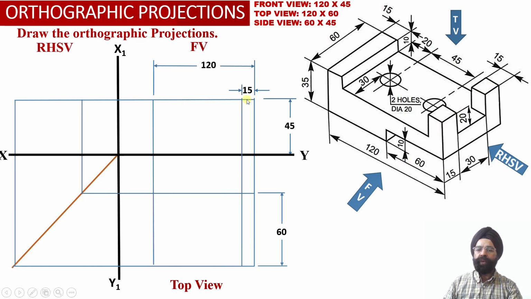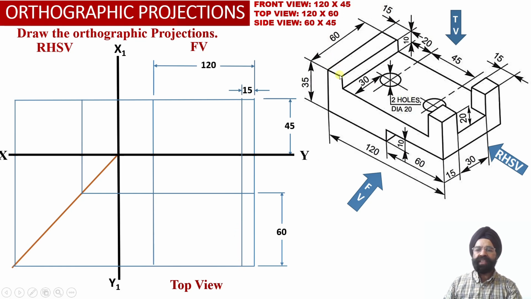This width of the square block we have marked as 15 millimeter, and we have drawn a vertical projector line into the front view projections at a distance of 15 millimeter from the right hand side face of the solid, and we have extended this vertical projector line into the top view projections as well.